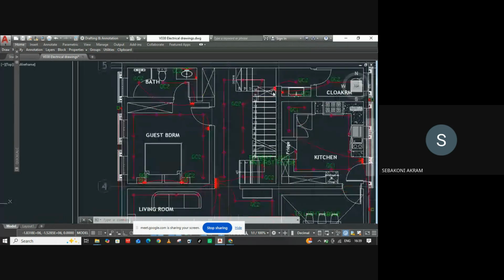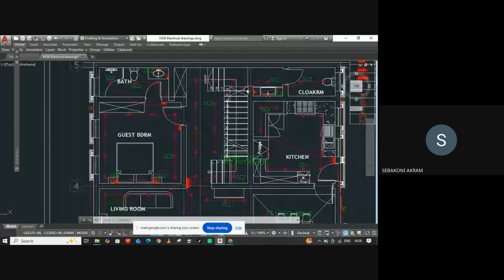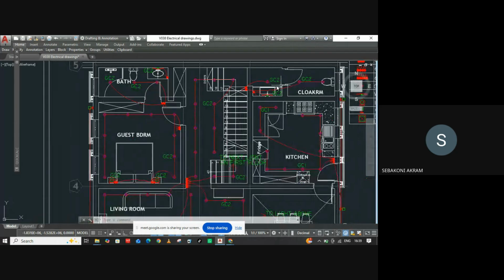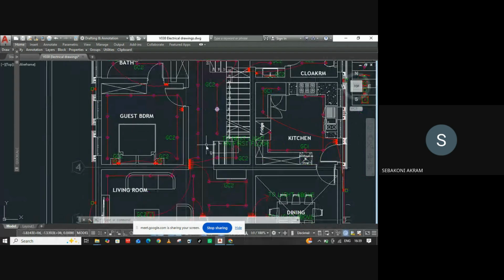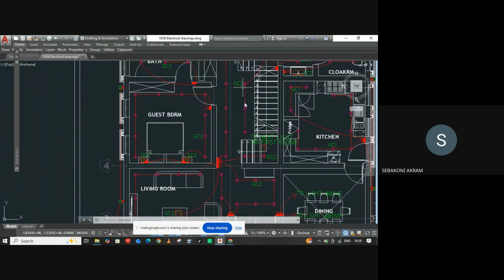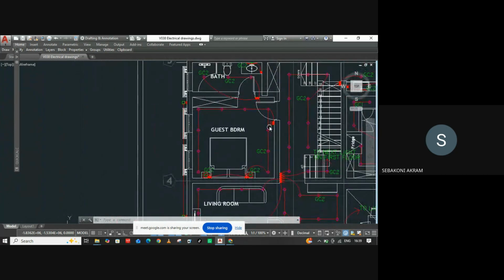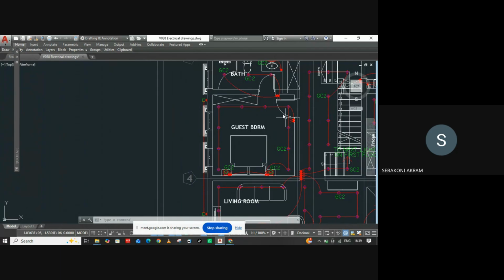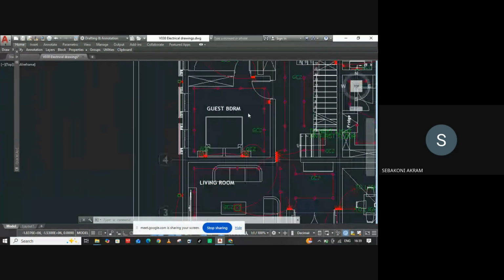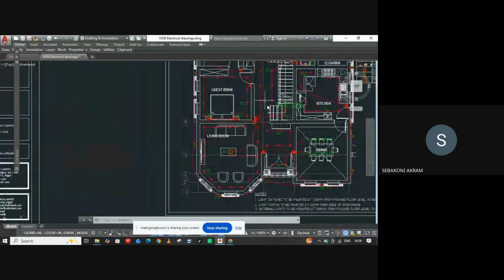If I count these, those are 3 already, those are 6, those are about 11, then about 15 there. So this circuit might have about 30 lights.